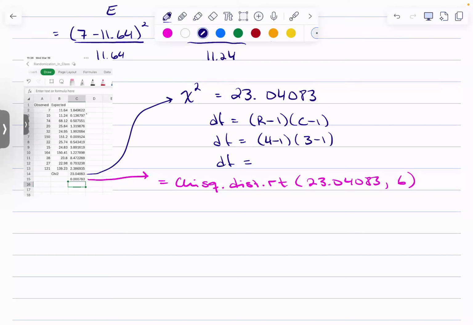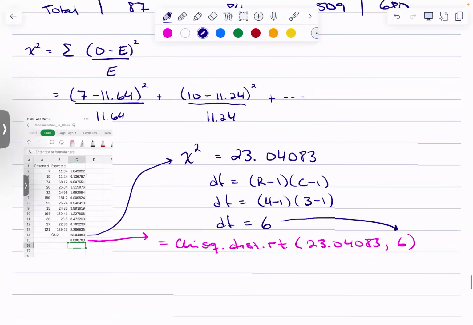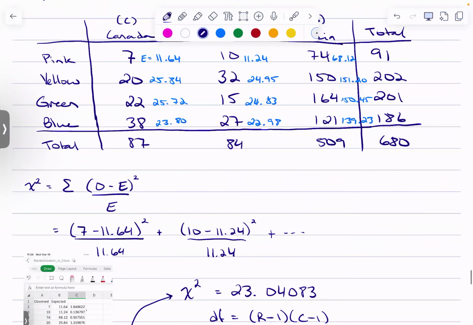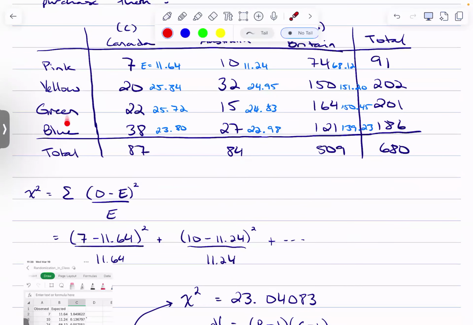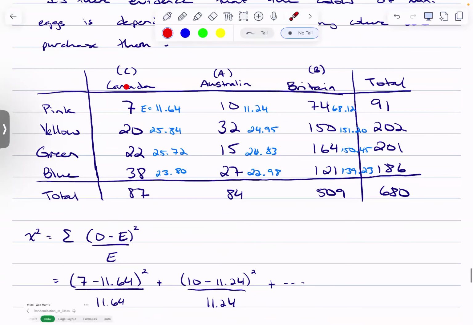Way too much work. 3 times 2 is 6. So when finding the degrees of freedom, we don't include the total row, right? We just do the number of categories. Okay. Yeah, totally.